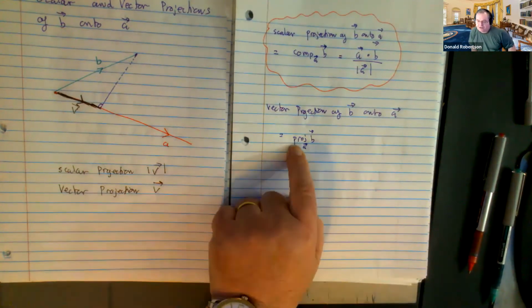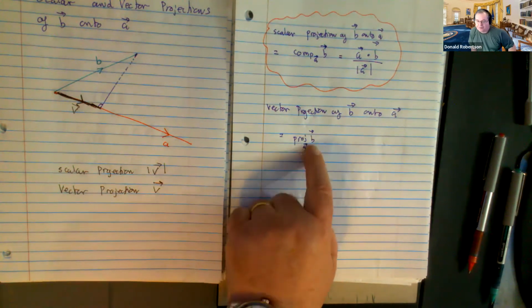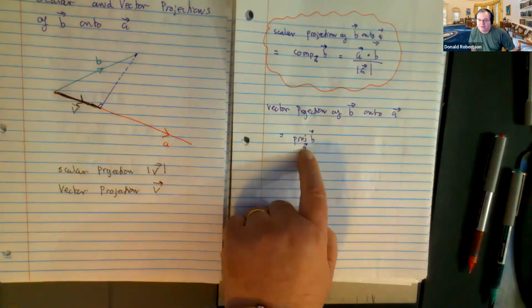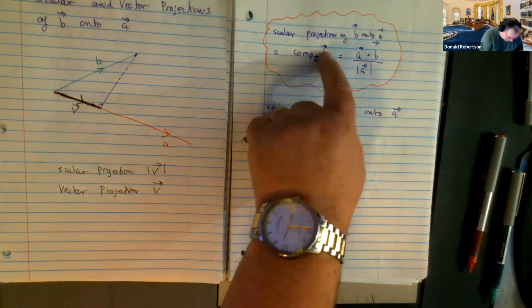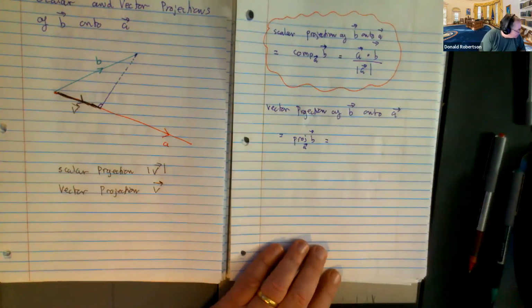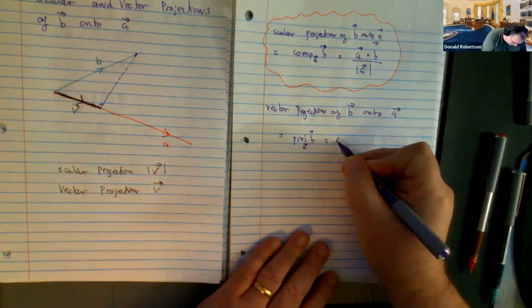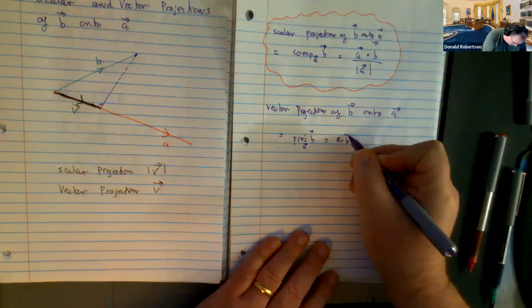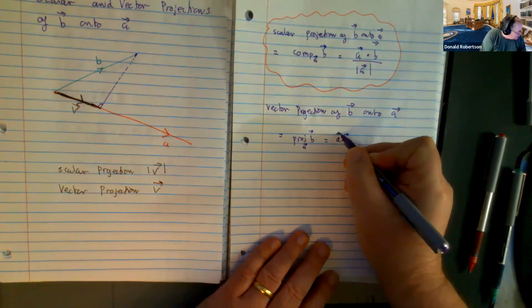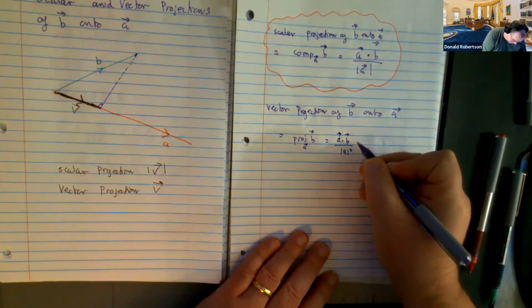Can you see the word projection and the A and the B? So that's the projection of B onto A. And this is the scalar projection of B onto A. And it has a formula as well. And its formula is A dot B divided by the magnitude of A squared. So that's a number, A.